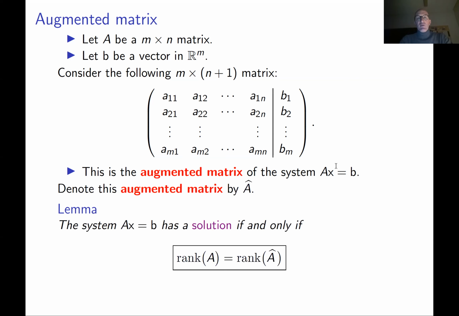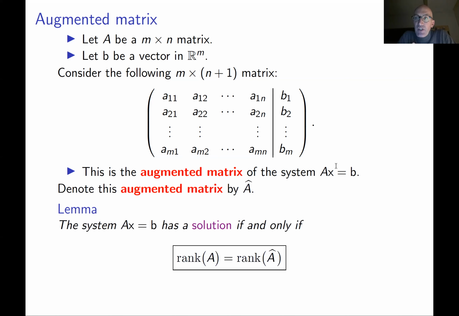And we have this nice lemma. Your system of equations has a solution if and only if the rank of the matrix A equals the rank of the augmented matrix, which is denoted by A hat.